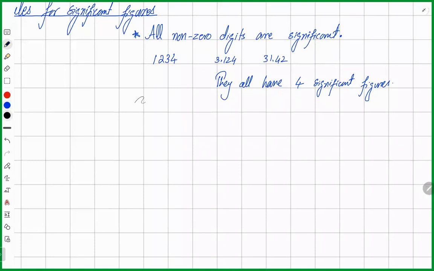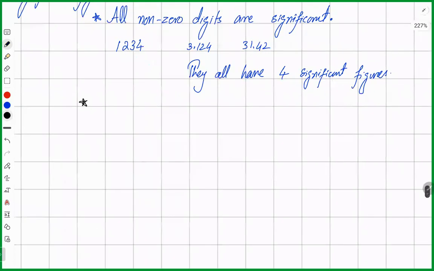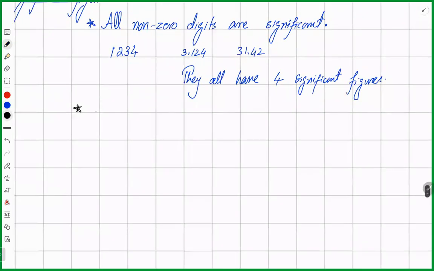Now, second, excuse me for the coughing. The question is always about zeros. Zeros may or may not be significant. Let's see which zeros are significant and which zeros are not significant.